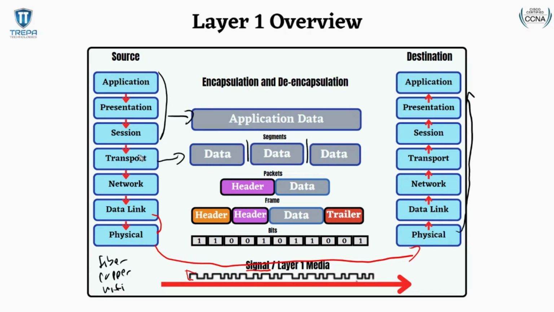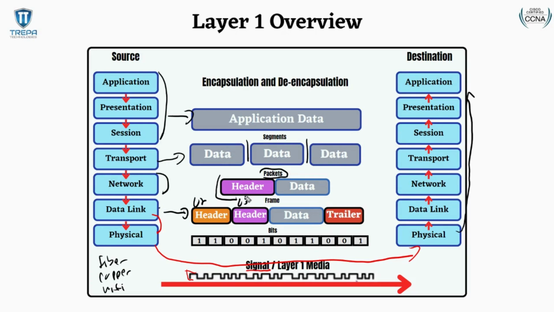This is our Transmission Control Protocol. Then that data is placed into a network layer packet, and we have our header here with our IP addressing. Then it's further encapsulated into a frame at the data link layer, and here we have our layer 2 header and layer 3 header.